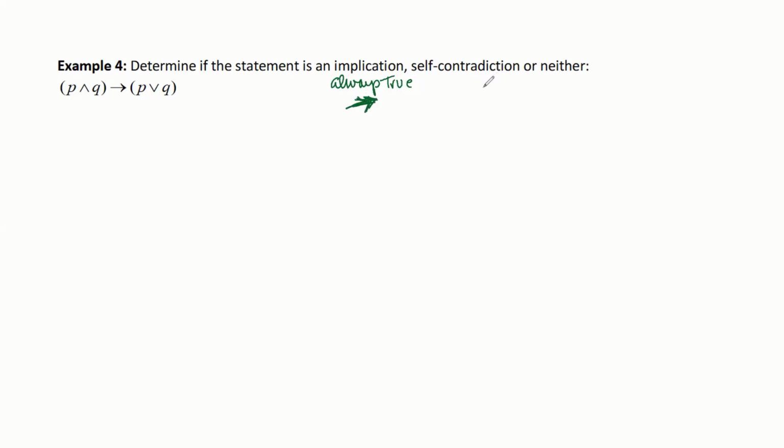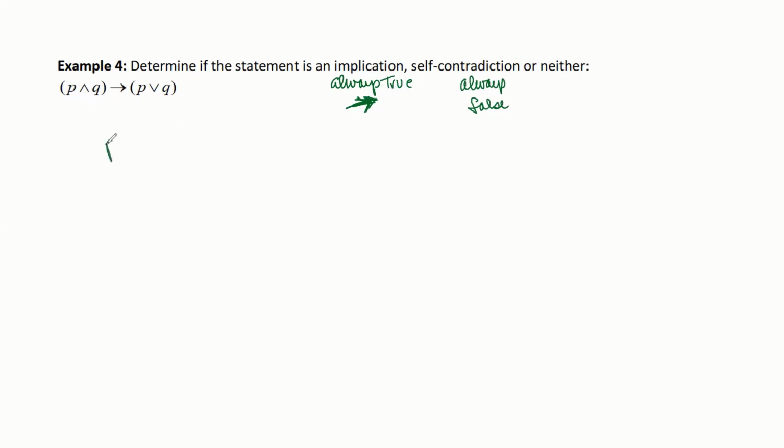A self-contradiction is any compound statement that is always false, or neither. Okay, so we're looking to see, is this always true, always false, or neither of those? Sometimes true, sometimes false. So we have P and Q implies P or Q, or we might say if P and Q, then P or Q.